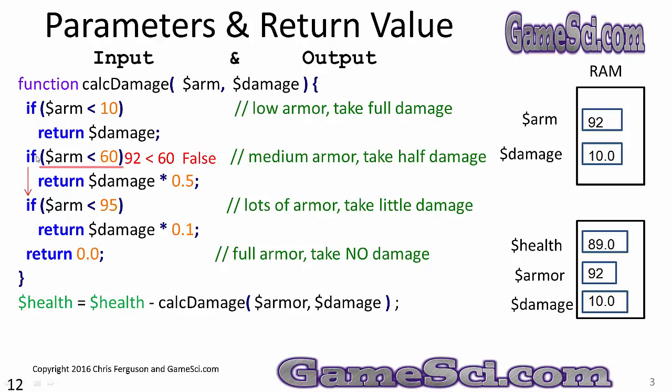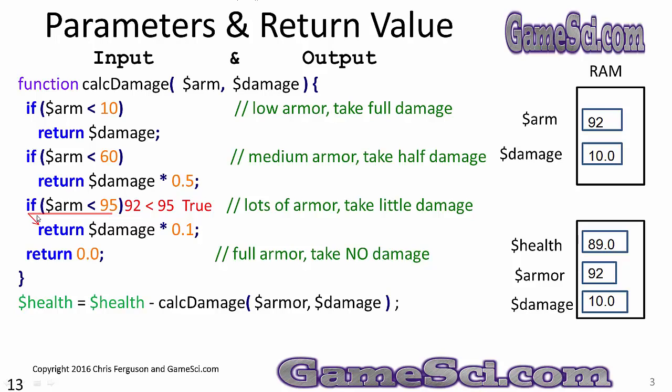Because this if statement is false, you can see by the arrow, it'll skip down to the next if statement. 92 less than 95 is a true statement. 92 less than 95 will cause the if statement to execute the code inside the if block.